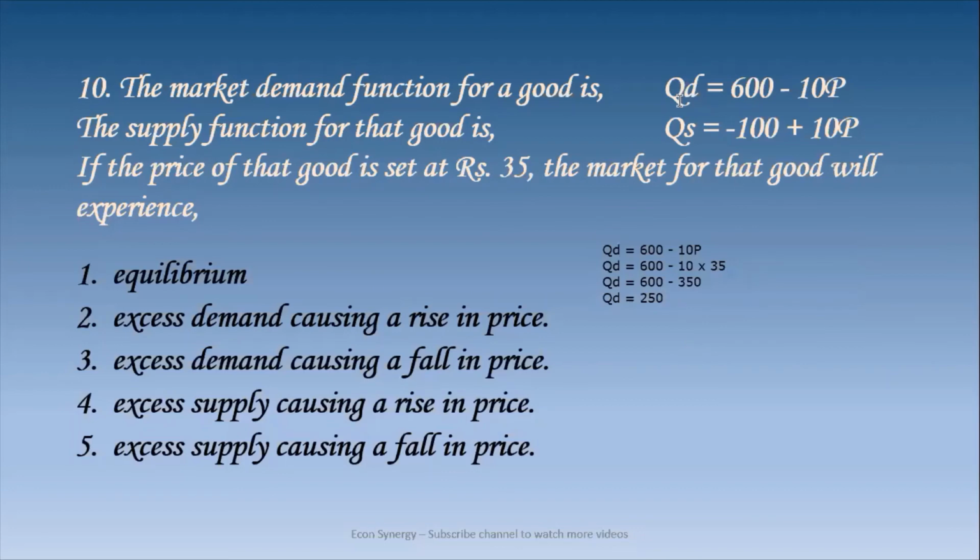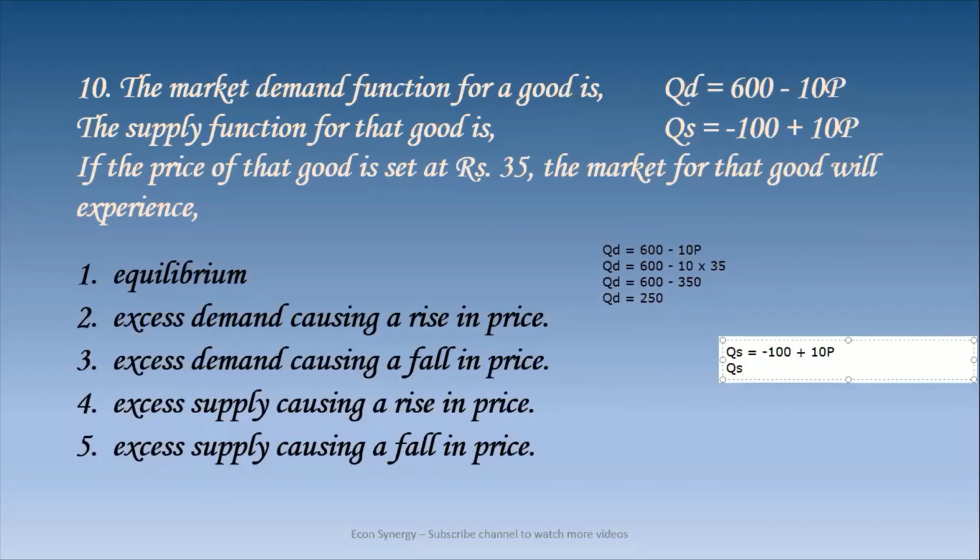Like this way, we will substitute this 35 in the supply equation, and we will calculate the quantity supplied at 35 rupees. Then here I will calculate the quantity supply also. QS equals minus 100 plus 10p.